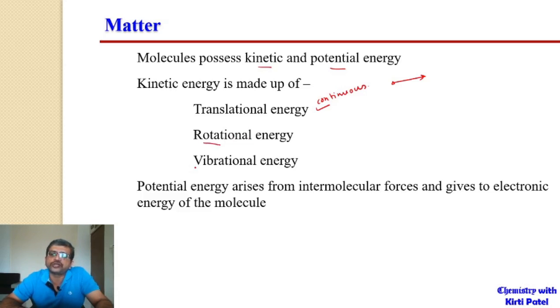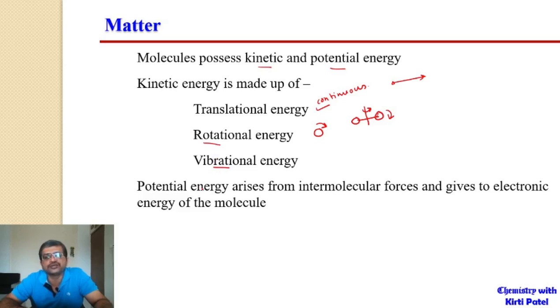Second one is rotational motion. Kinetic energy is required for rotating a particular molecule; say if we have a diatomic molecule, it can rotate on its own axis, as well as in the axis perpendicular to the bond axis. Whatever energy is required for that is also kinetic energy.